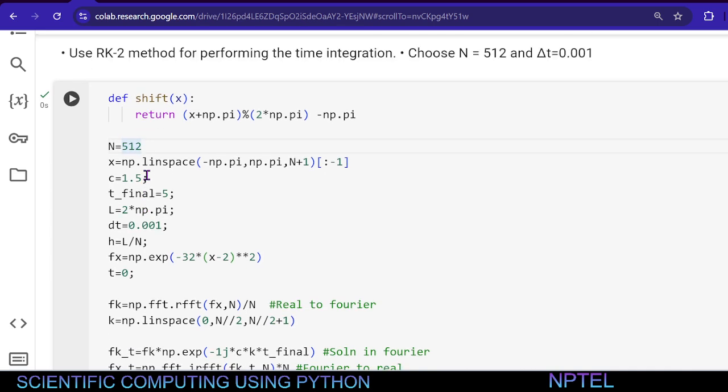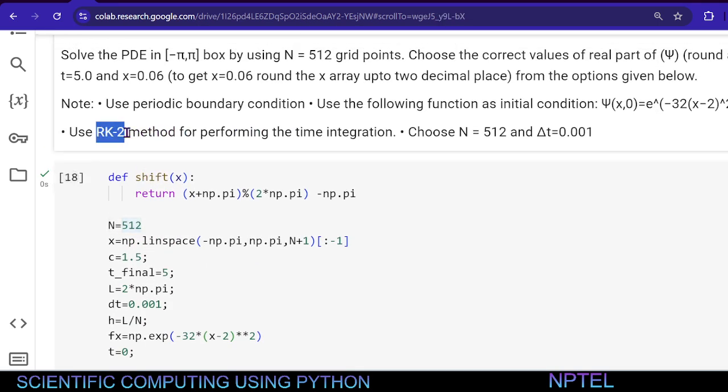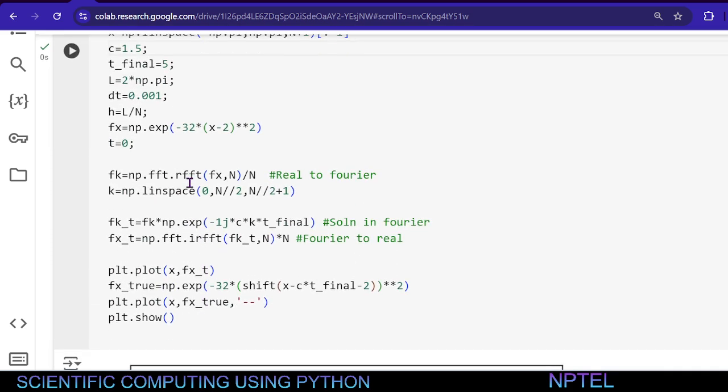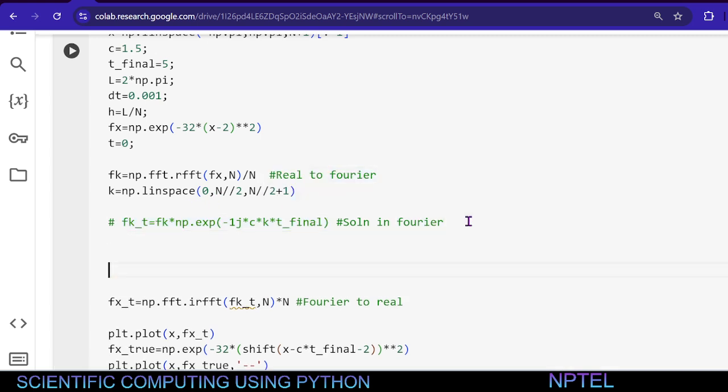We did not do one thing, which is use RK2, which is what we were asked. So we just wrote the direct solution, right? But that is not what was asked in the question. So we have to solve it using RK2. So we do the same thing as before.